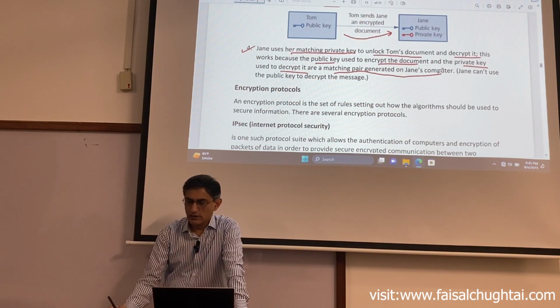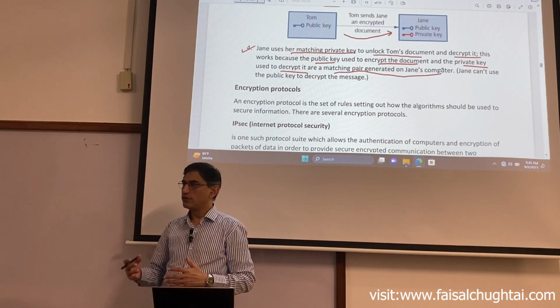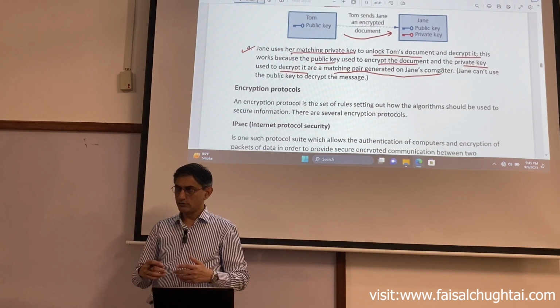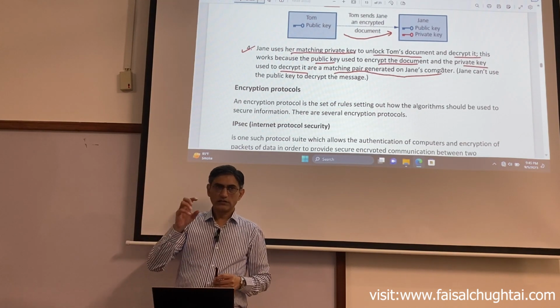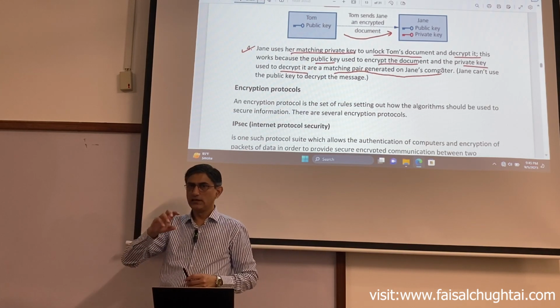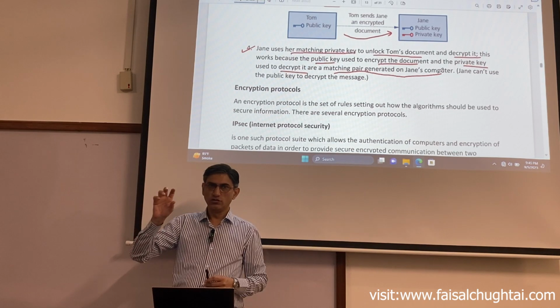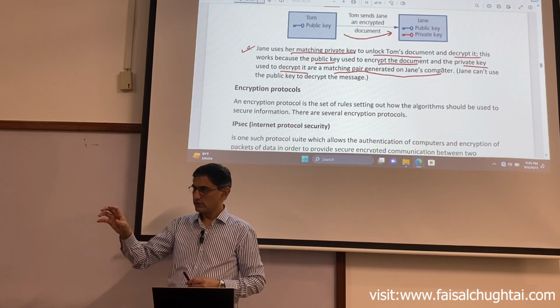So, how is asymmetric encryption different from symmetric encryption? Very quickly, symmetric encryption is not as secure as asymmetric because it only generates one key, which is known to the sender as well as the recipient.